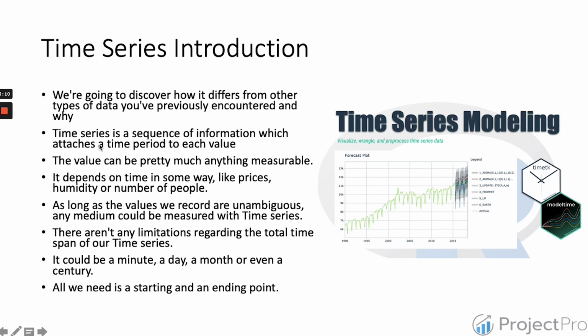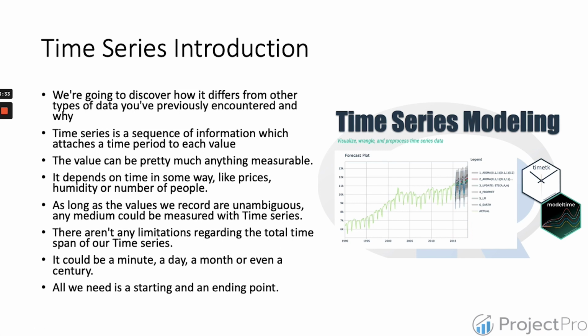So what is time series? Time series is a sequence of information which attaches a time period to each value. It is some kind of measurable value, a sequence of information one after the other, as you can see over here. The key feature to highlight here is the sequence. Sequence is what time series thrives on.